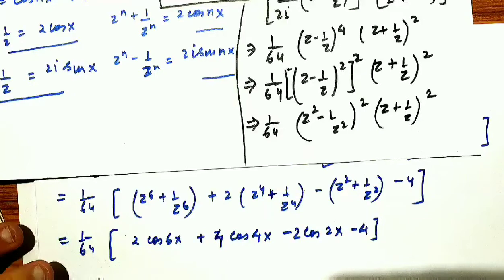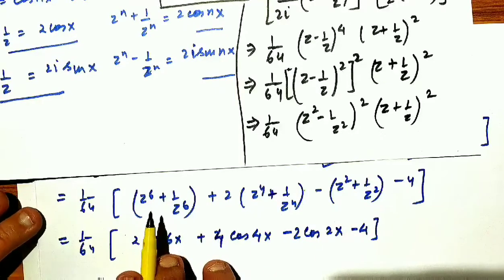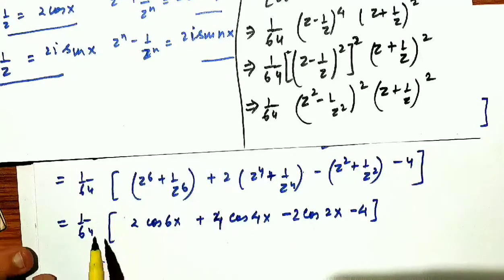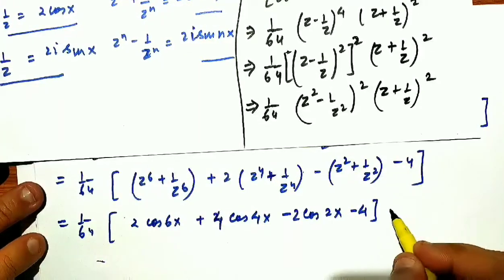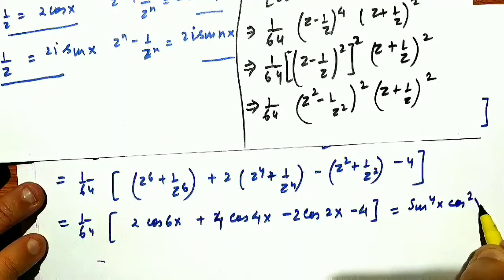Now we have got this expression in the real variable x. We started with the complex number, but we got it in x. So this expression is equivalent to sin to the power 4 x cos square x. Now we just have to integrate it.